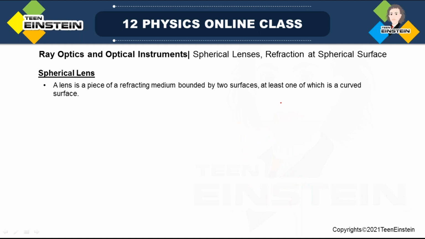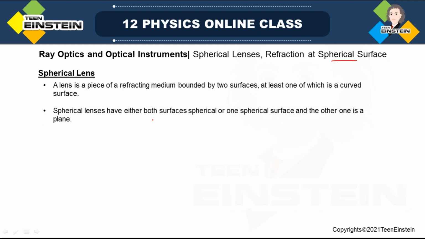So we'll discuss refraction by lenses mainly. Before that, we'll learn refraction at spherical surfaces, and from there we'll get the input, and then that result will be used for lenses.